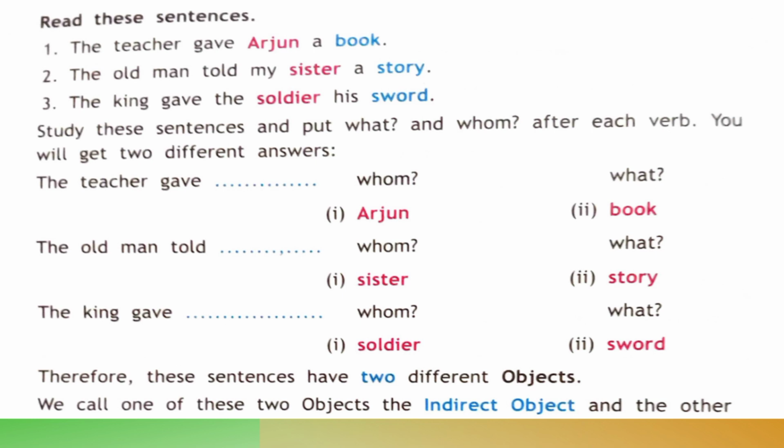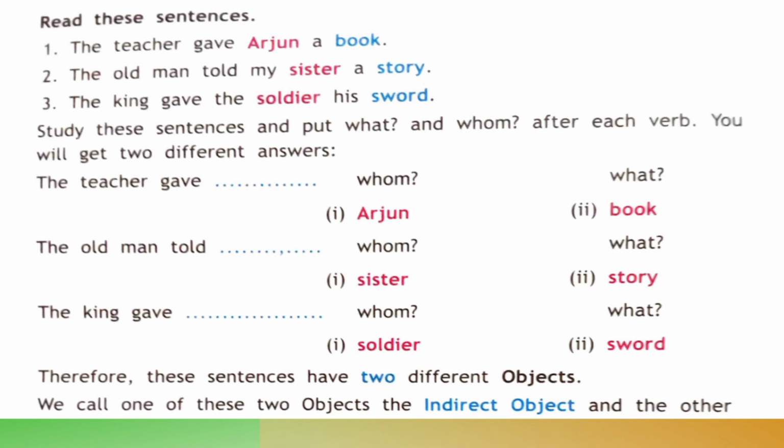The old man told whom? My sister. Then what? A story. Then the king gave the soldier his sword. The king gave whom? The soldier. What? A sword. So you got the answers for whom and what in the sentences.